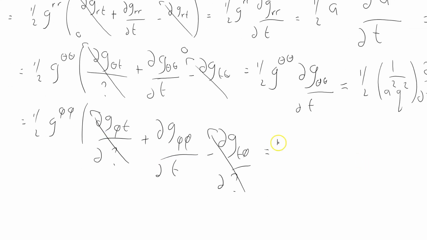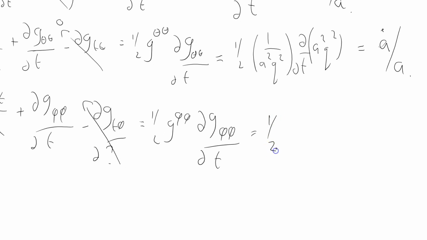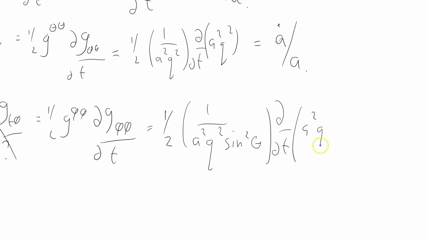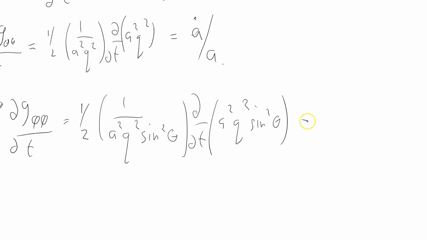Equals, and this is getting easy now, g phi times the derivative of g subscript phi with respect to t, equals 1/2, the half being from the definition of the Christoffel symbol, 1 over a squared q squared sine squared theta times the derivative with respect to t of a squared q squared sine squared theta. Everything apart from the a cancels, and that's going to be again a dot over a.